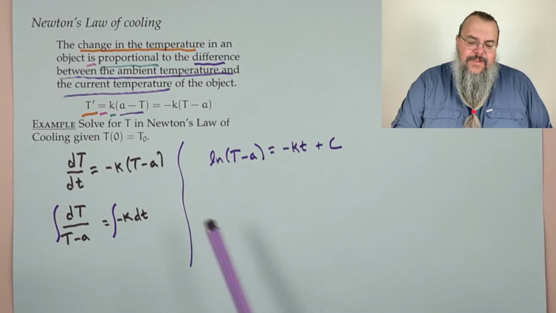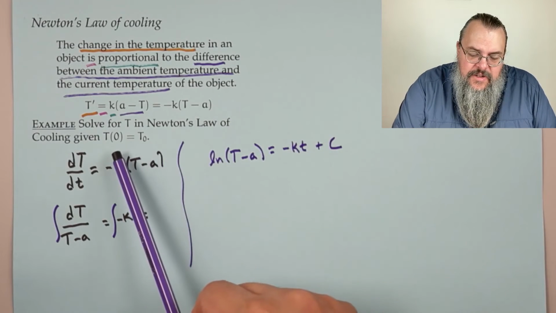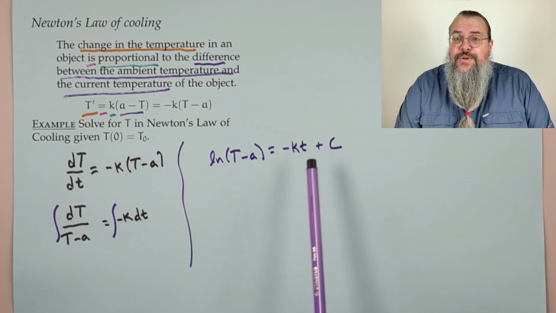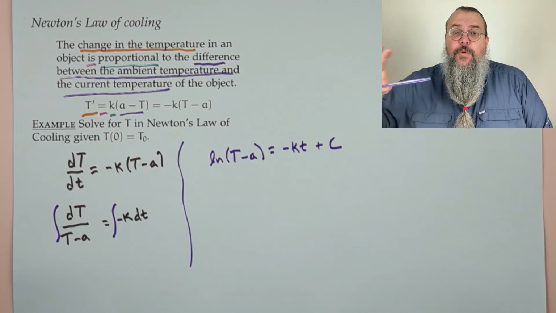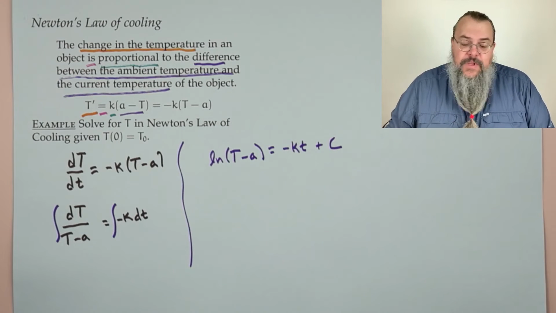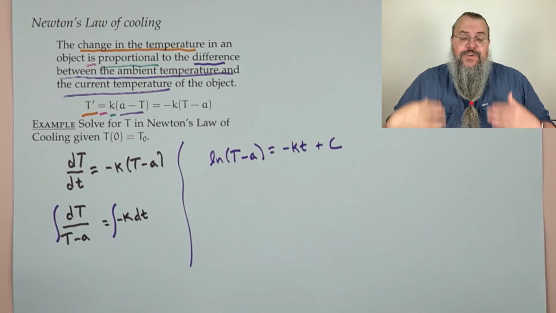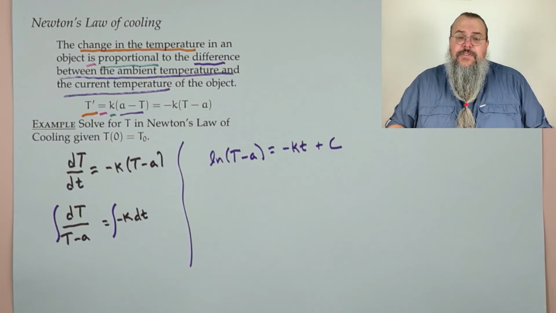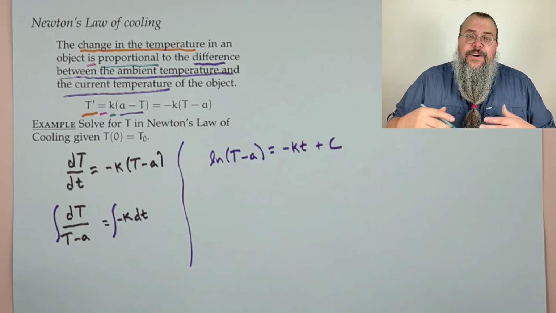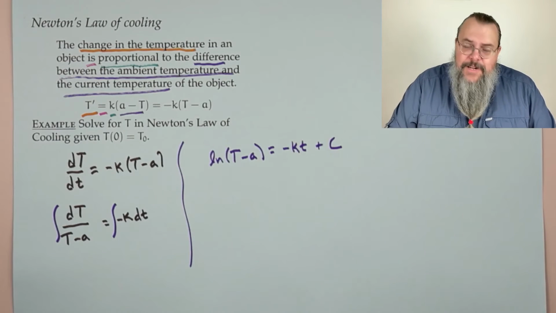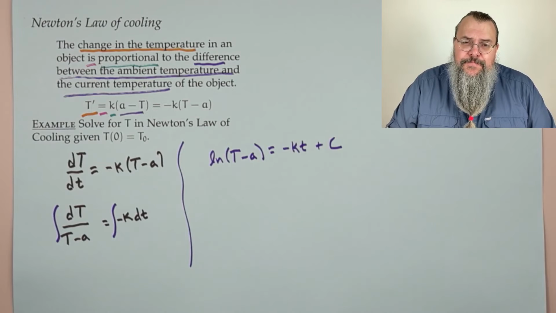Looking at this, when I plug in little t equals 0, big T equals T0, it's not looking pretty. So I'm going to hold off plugging in my constant and solve that later. It's okay, it's my choice. Both ways will get the right answer. It's just a matter of saying, do you want to keep things simple now or just drudge along with what you get? And I'm a big, let's keep things simple.